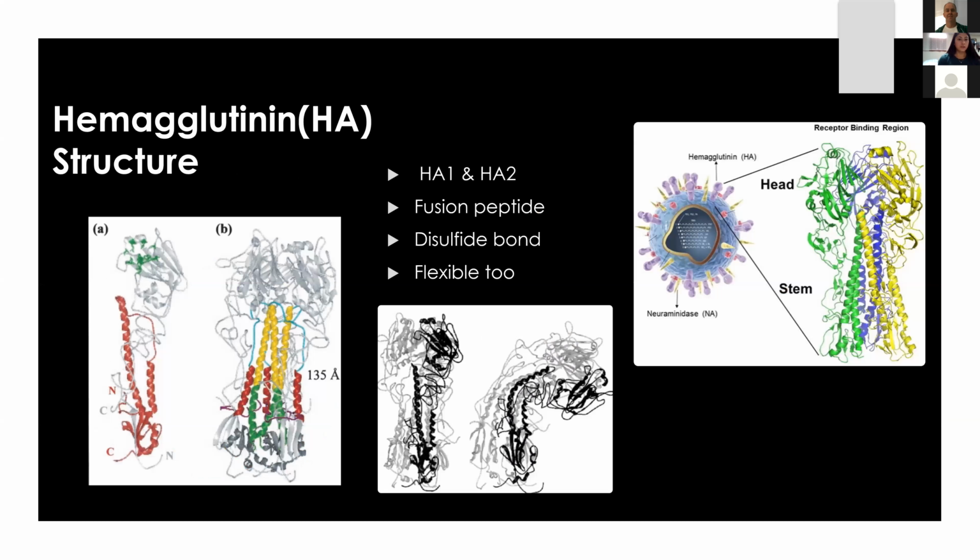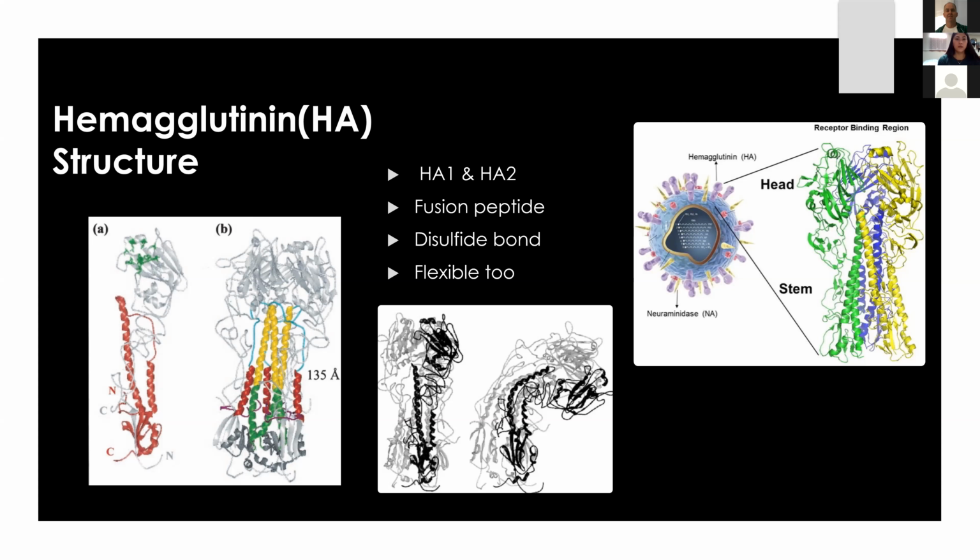So this is the structure of the protein, hemagglutinin. As you can see, in the picture labeled A, this is a single monomer, and 3 of these make up the protein structure. Then there are 2 polypeptide chains or subunits that make up the structure: hemagglutinin 1 and hemagglutinin 2.